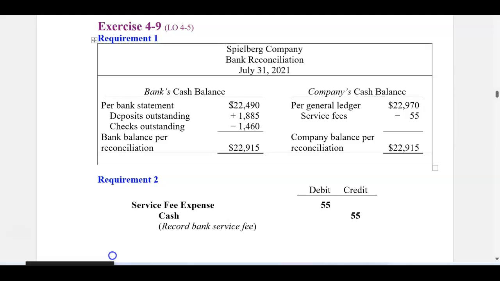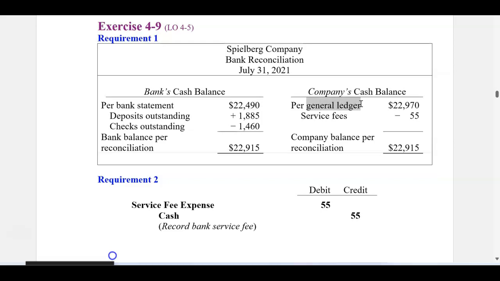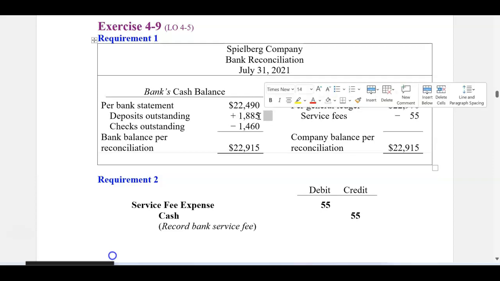And you start with the bank statement that says you have $22,490, and then on the other side, you start with the cash balance that shows in your T account, $22,970. Then you add, deduct, and add, deduct.